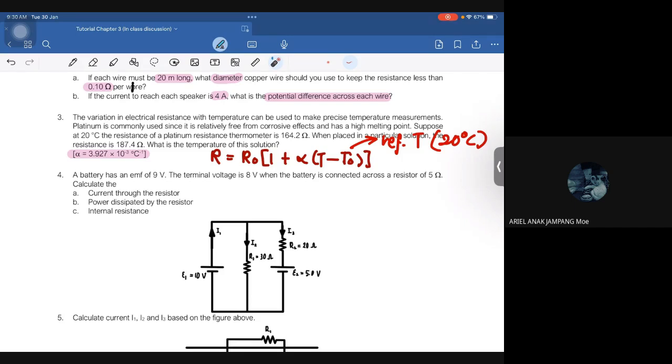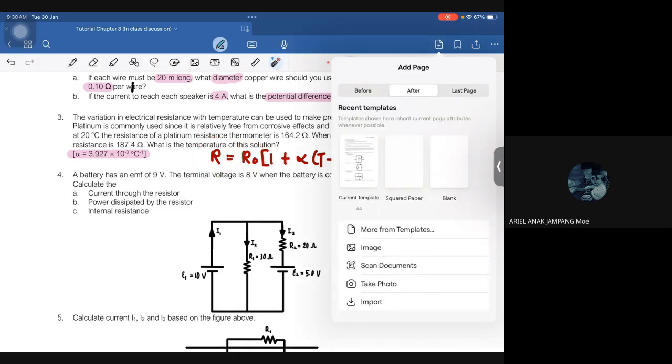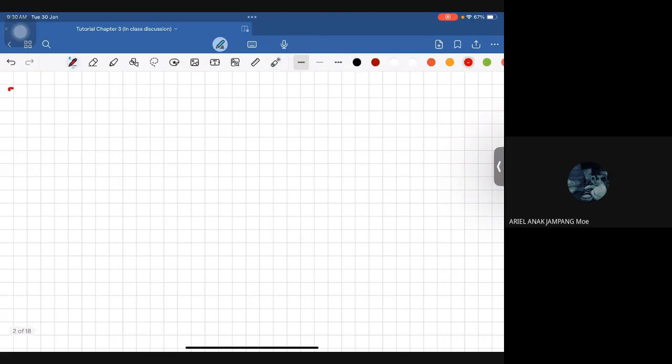So this one is the initial resistance, this one is the final resistance. We will apply this equation. Extract the information. The reference temperature is 20 degree Celsius. But if in your PSPM question there is no 20, something is wrong with the question. Then the initial resistance is 164.2 ohm, and it gives the final resistance, 187.4 ohm.